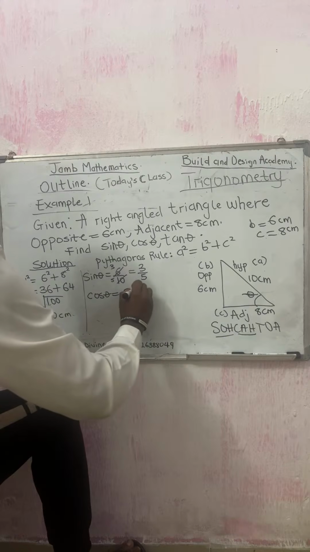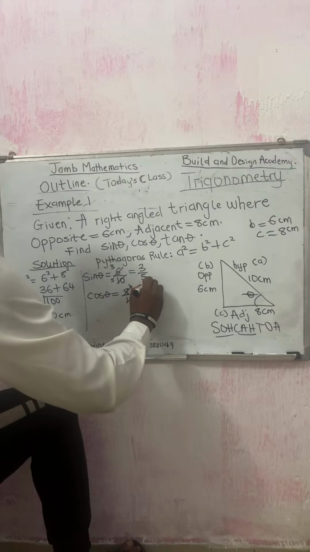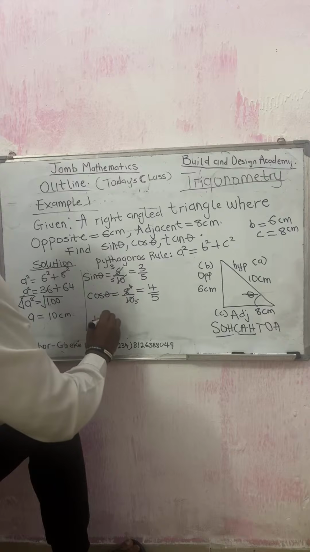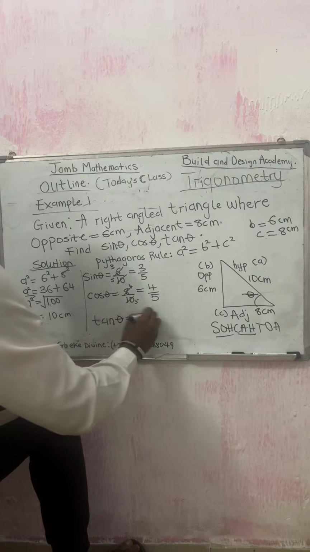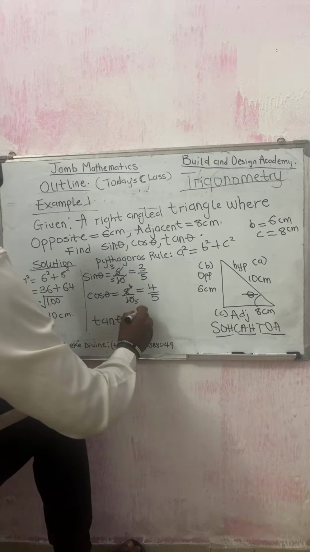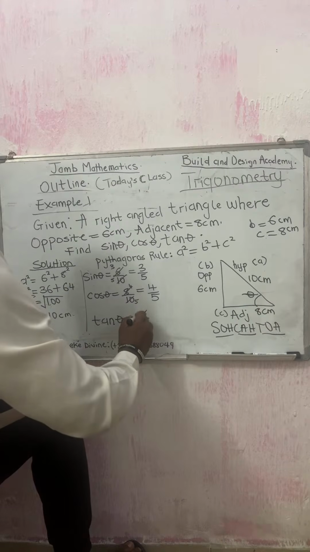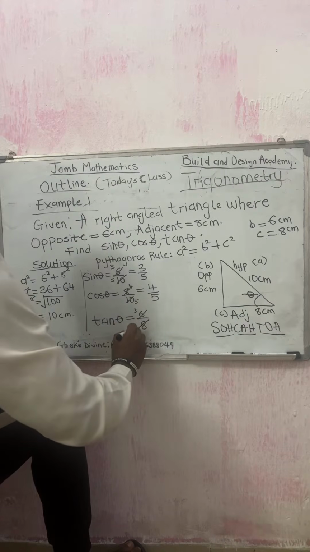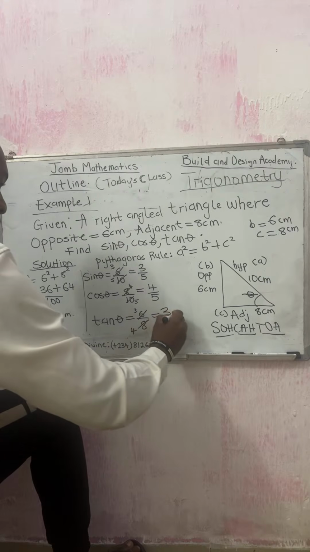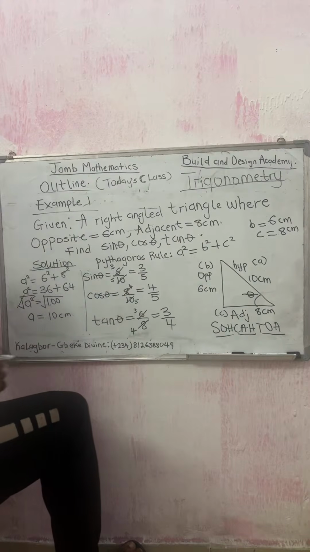Hypotenuse is 10. So if we divide by 2 here, it will give us 4, and 2 here will give us 5. We're left with 4 over 5. And we have that tan theta is equals to opposite over adjacent. And our opposite here is 6. And our adjacent is 8. 2 into 6 will give us 3. 2 into 8 will give us 4. So we'll be left with 3 over 4. So we are done with this example.